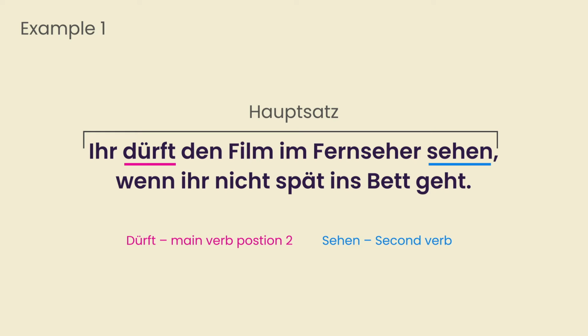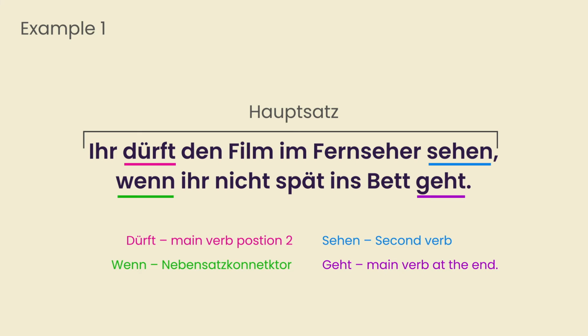Then comes my Nebensatzkonnektor wenn, which is if, and the complete or the main verb gehen, going at the end of the sentence.